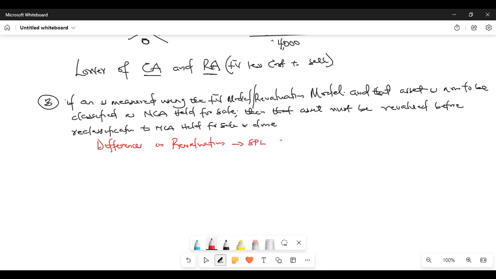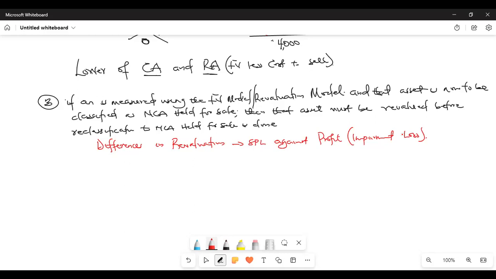If it's a revaluation gain, then you are matching it against impairment losses. If it's a revaluation loss, then it goes against profit. So those are the things that you should understand.